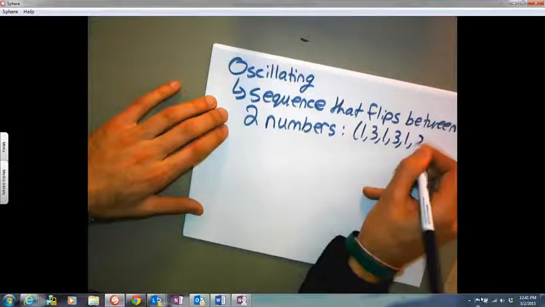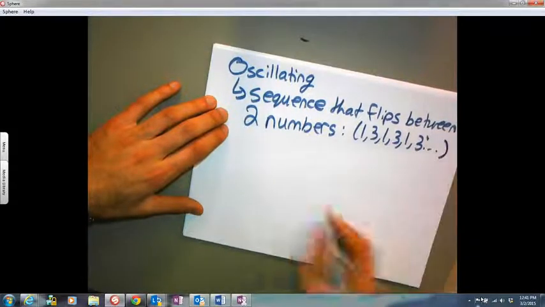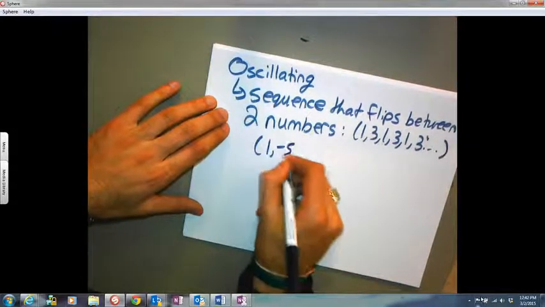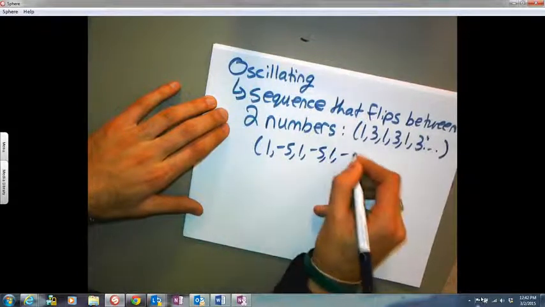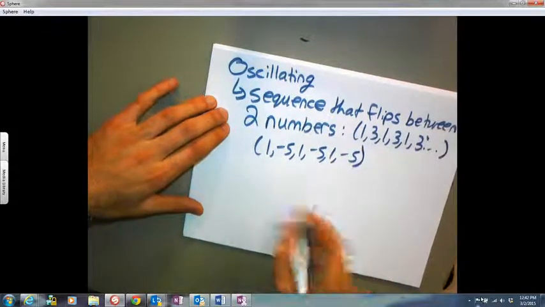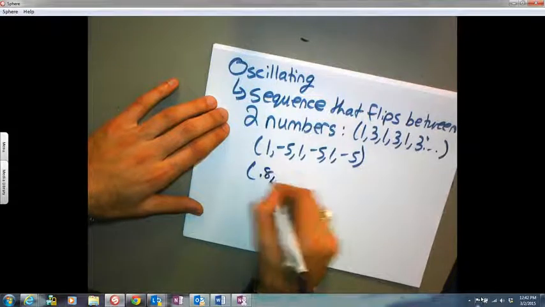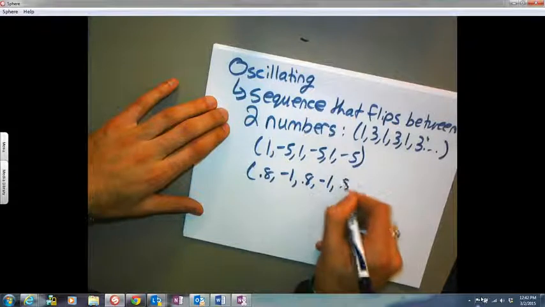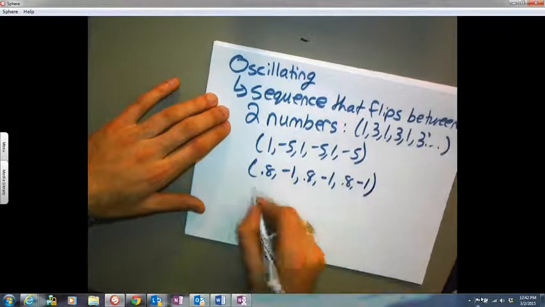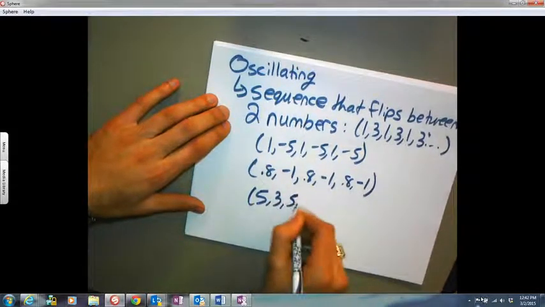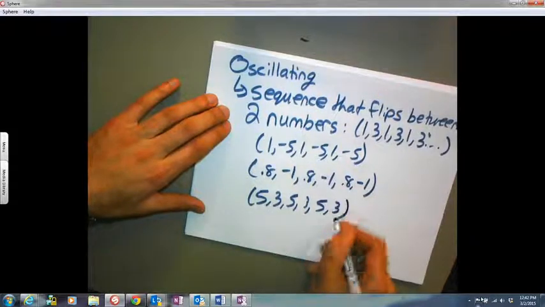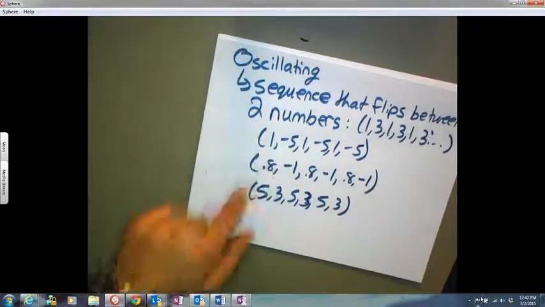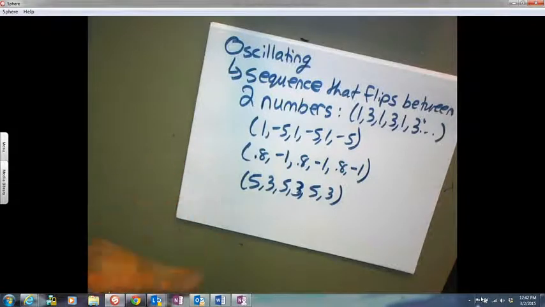An example. Or even, and 1 does not always have to be in it, so it could just be. We call these oscillating sequences because it oscillates or it switches between two values.